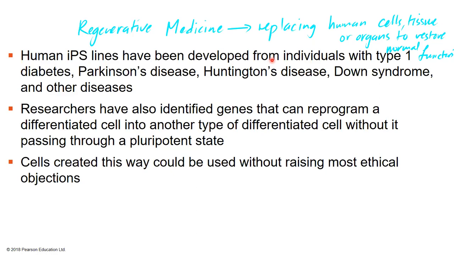I don't know what it's called in Arabic, regenerative, maybe طب التجديد. This is one of the promising branches of medicine that holds a promise in treating very difficult diseases like Parkinson's, Huntington, Down syndrome, and many others. Okay.